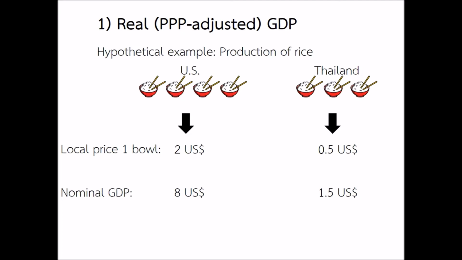But as we have seen before, we need to somehow find a monetary value. We want to measure the production of rice in terms of money. And we can do that by using current prices. So prices in the US in order to measure the value of rice in the US, and the price for rice in Thailand in order to measure the production of rice in Thailand.